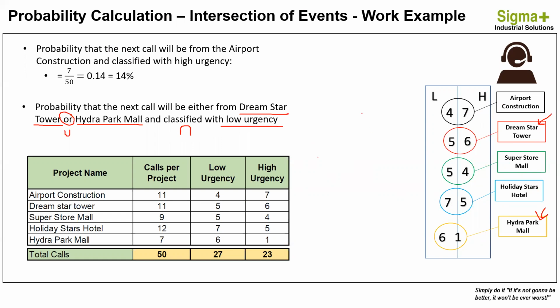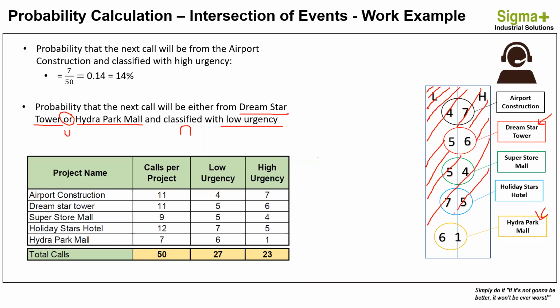So let's start with our first step, to shade the sample space, and we exclude both events, which are the Dream Star Tower project and the Hydra Park project. And again, my apologies if my lines are not so perfect.